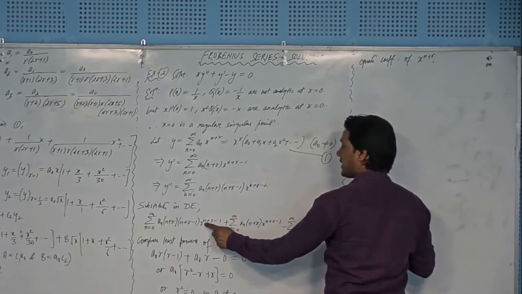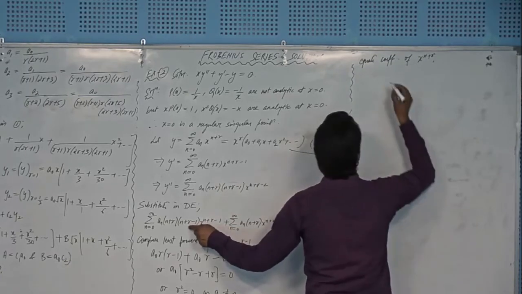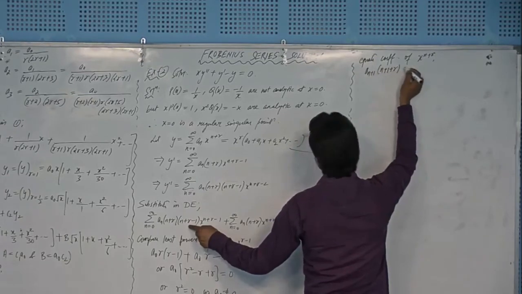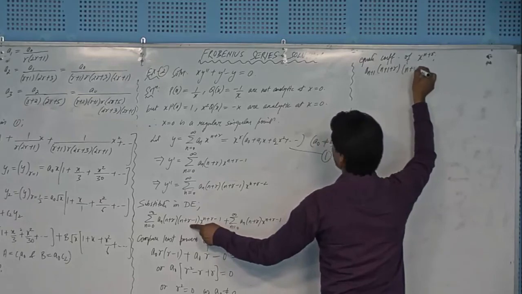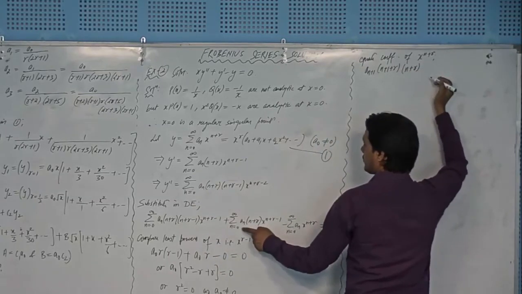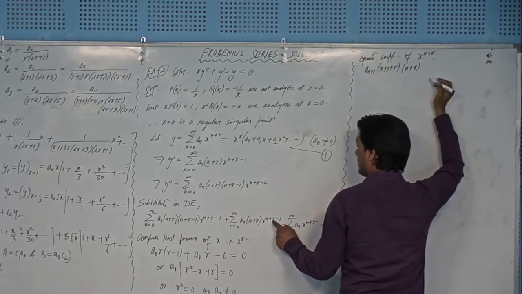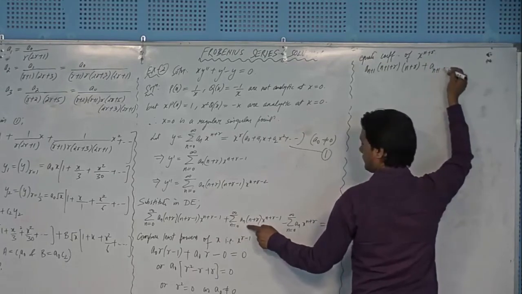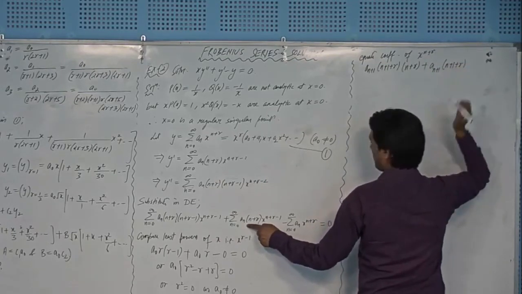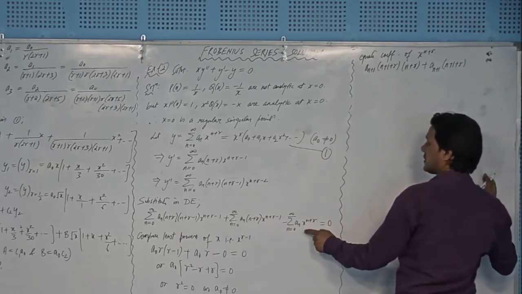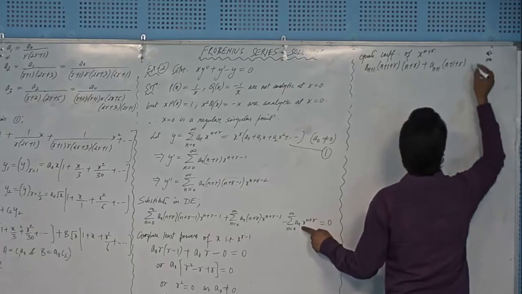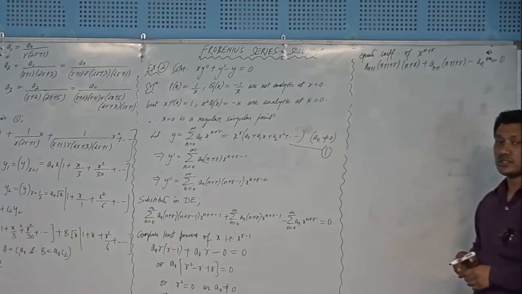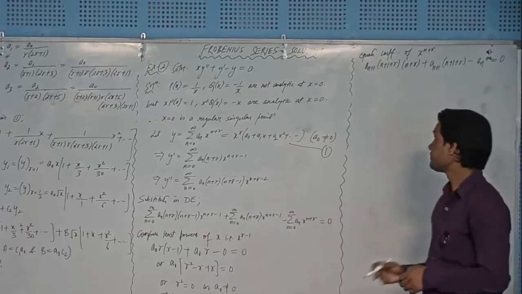If I replace n by n plus 1, then I will obtain the highest visible power x to the power n plus r, with coefficient a n plus 1 times n plus 1 plus r, right? And from the other term, you will get x to the power n plus r, minus a n equal to 0. So this time the highest coefficient is obtained from all of the summations, right?